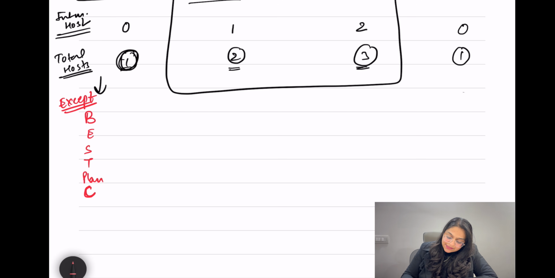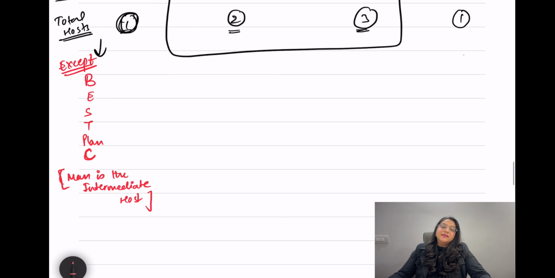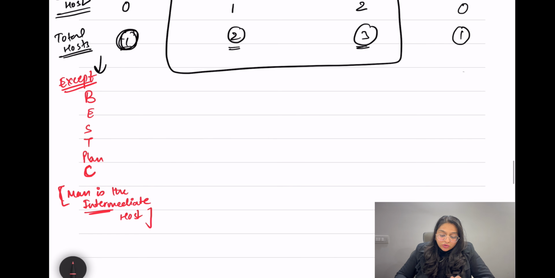This is the group of organisms in which man is the intermediate host. In all parasitic diseases, man is the definitive host except Best plan C. In these diseases, man is the intermediate host. If I'm saying it is the intermediate host, that means an intermediate host is there. So the rule that all protozoa have only one host cannot apply here.